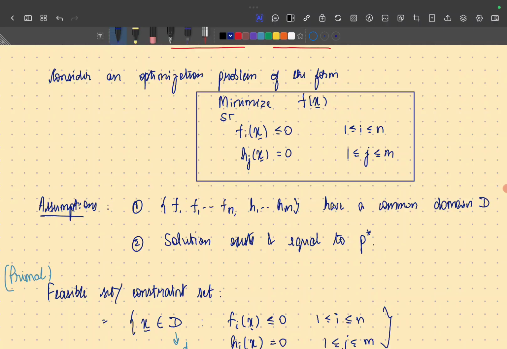How would I get an upper bound on p star? P star is the minimum value of f of x subject to those constraints.